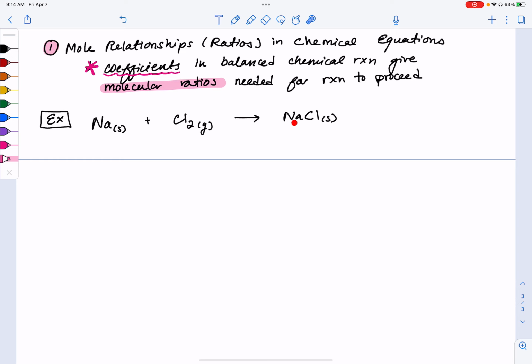So therefore, it seems like I am balanced so far with respect to sodium. However, on my reactant side, I have two chlorine atoms, and on my product side, I have only one. So I need to double the amount of sodium chloride that is made. And in doubling my chlorine, I have also doubled my sodium because I have doubled the compound quantity of sodium chloride. So in order to make this fully balanced, I in turn also need to double my sodium.